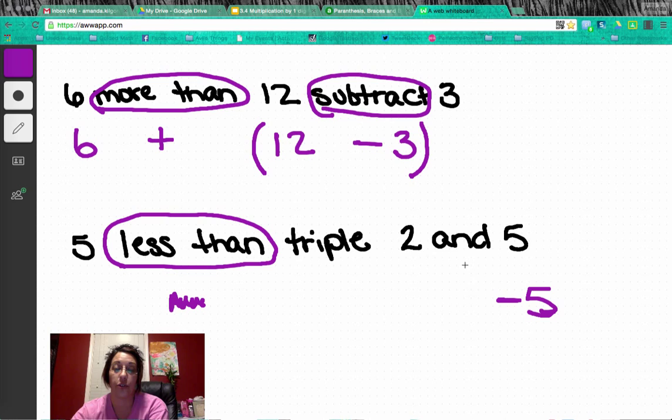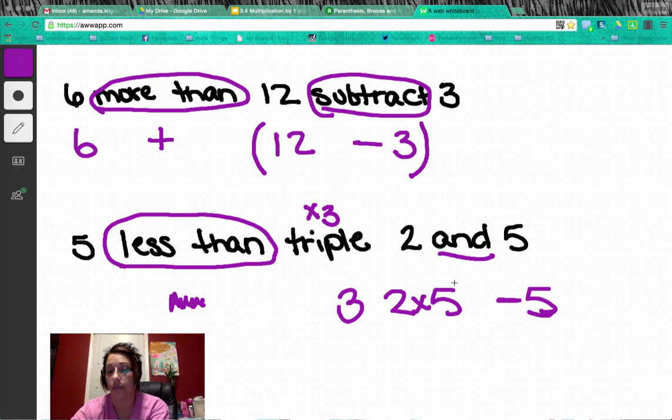Triple 2 and 5. And normally means multiply. Triple means times 3. So 3, 2 times 5. In this case, we want to do the 2 times 5 first.